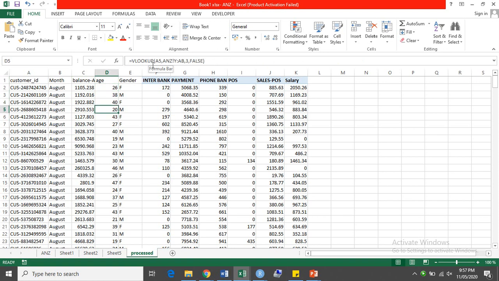I simply used VLOOKUP for the age, VLOOKUP for the gender, and some IFs to know what was the total transaction in the particular type of transaction for the particular customer in the particular month. I did the same for all the 6 transaction types.